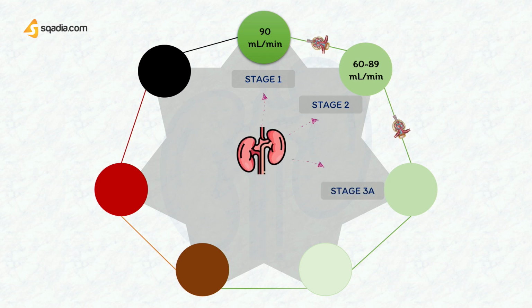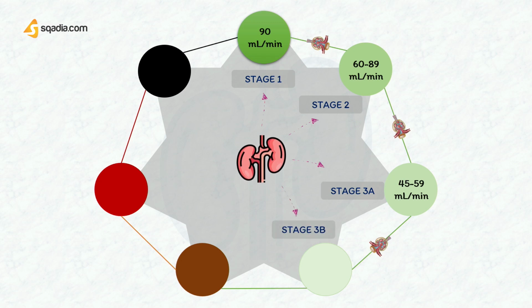Then we have stage 3A, which tells us moderate chronic kidney disease, in which GFR is 45 to 59 milliliters per minute. Then we have stage 3B, which is also moderate chronic kidney disease, in which GFR is 30 to 44 milliliters per minute.